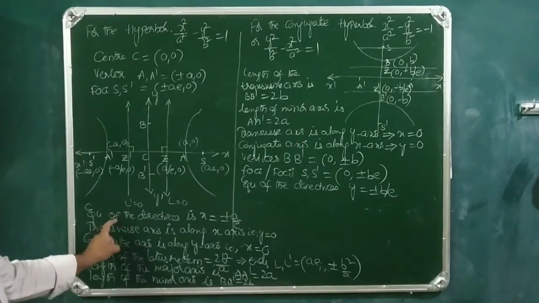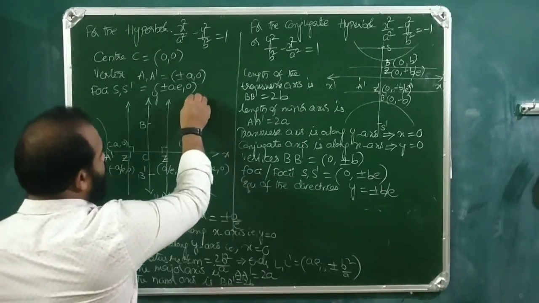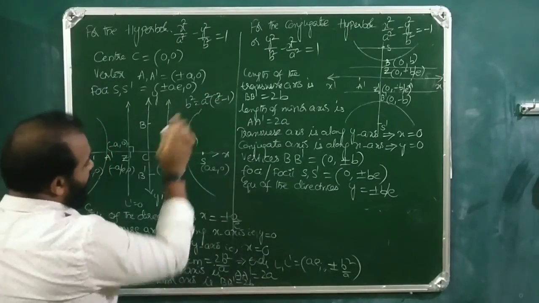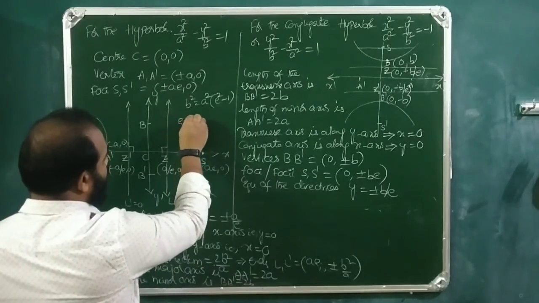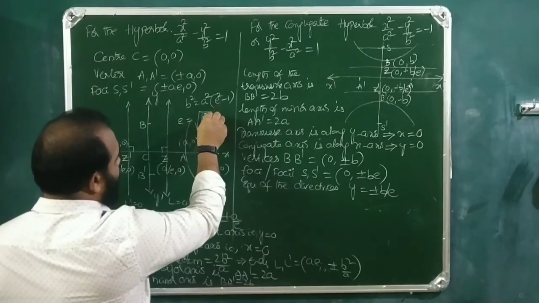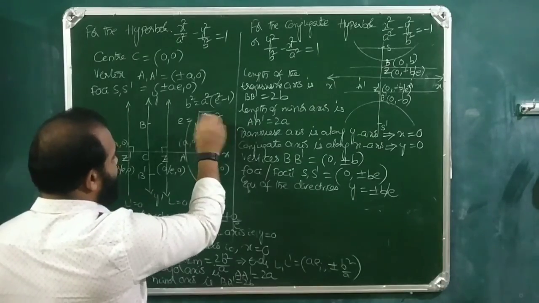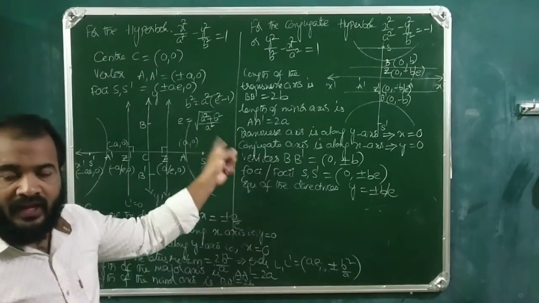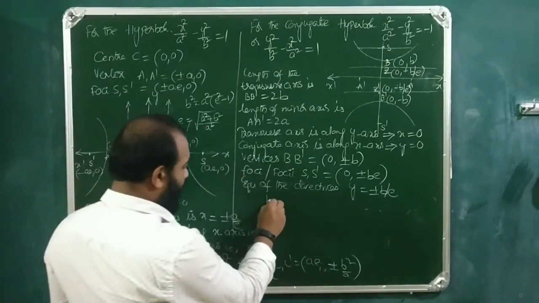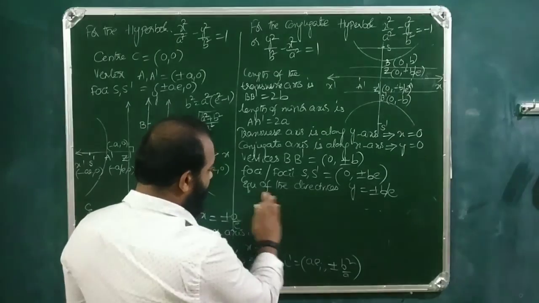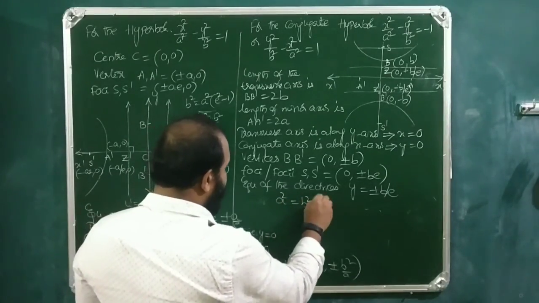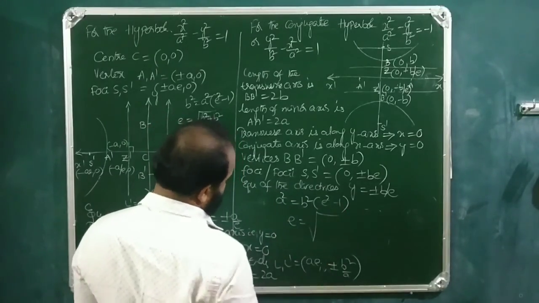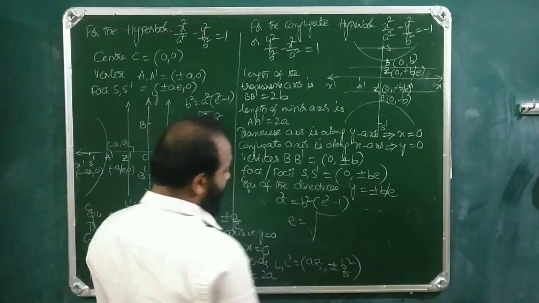Here the condition is a square is equal to b square into e square minus 1, and the eccentricity e is equal to the square root of a square plus b square by a square. Here, which is greater?